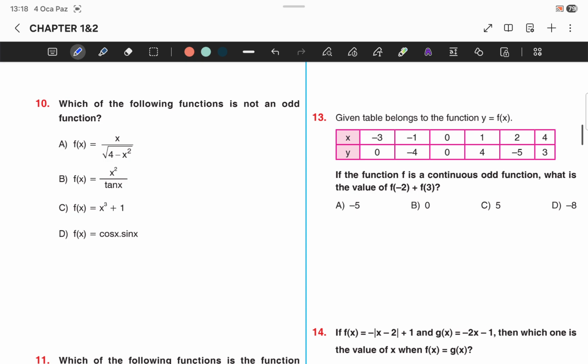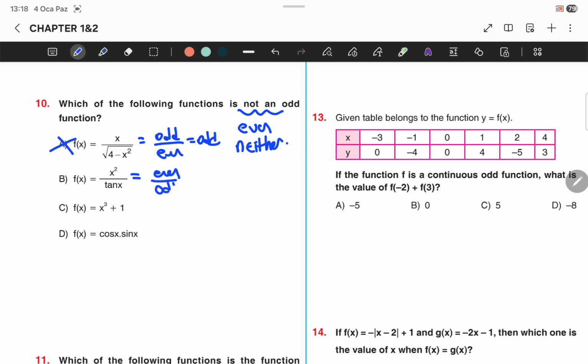Next question, which of the following functions is not an odd function? It means that it might be even or neither. Okay, let me check it. The up part is odd. Odd divided by even, it will be what? Odd, isn't it? Eliminate it. Up part is even, down part is odd. As a result, odd.